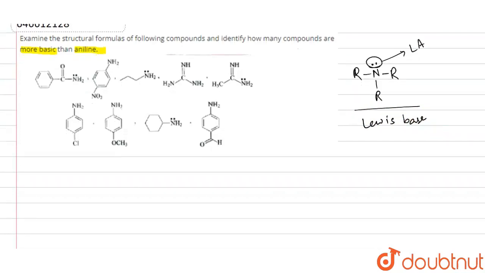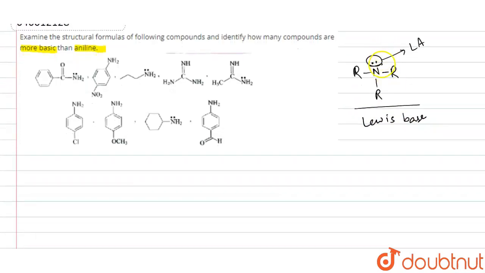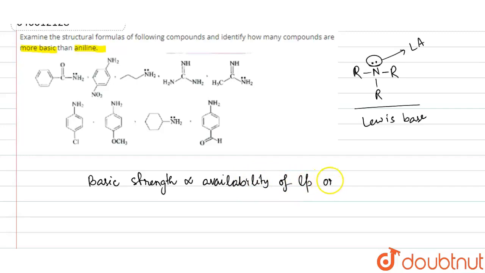Now as it is a Lewis base, we can compare the basic strength on the basis of availability of lone pair. So we can say that basic strength is directly proportional to availability of lone pair, or we can say electron density.